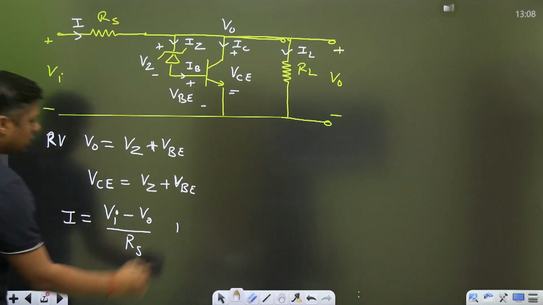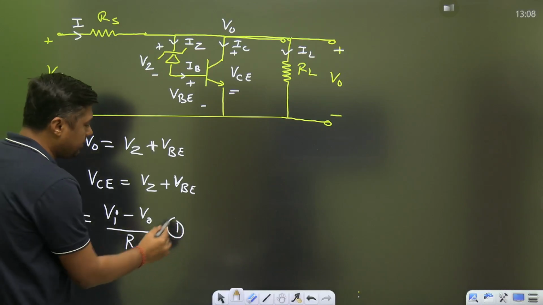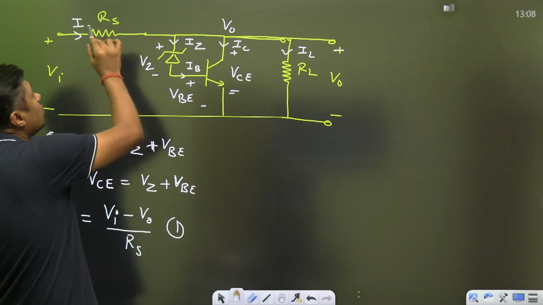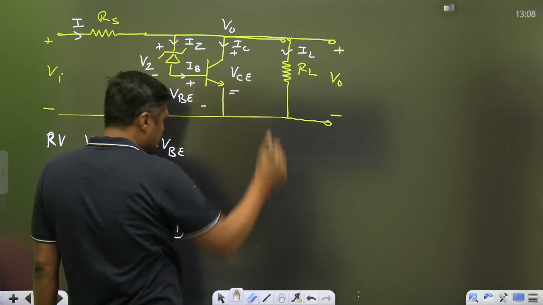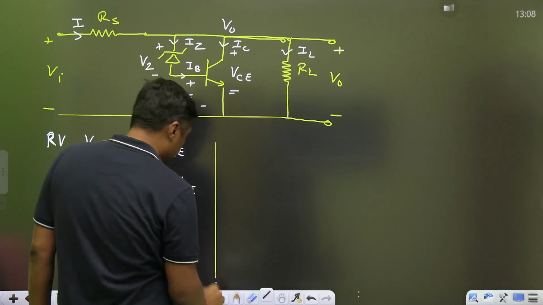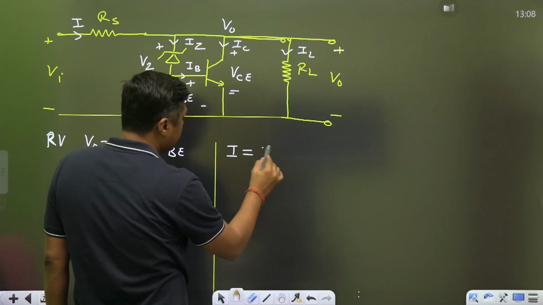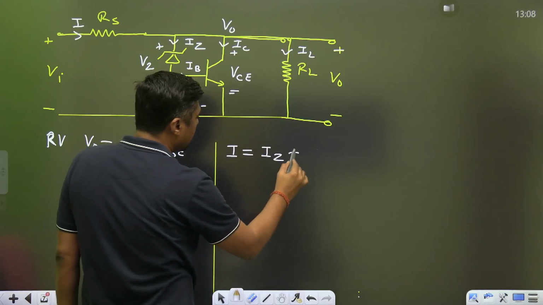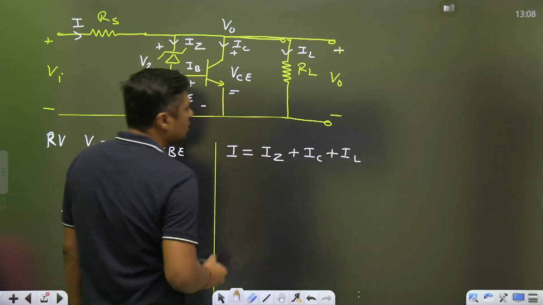That is the first important formula. Then the second one for this diagram is, this I is divided into three parts: I equals IZ plus IC plus IL. Now what is the IZ?